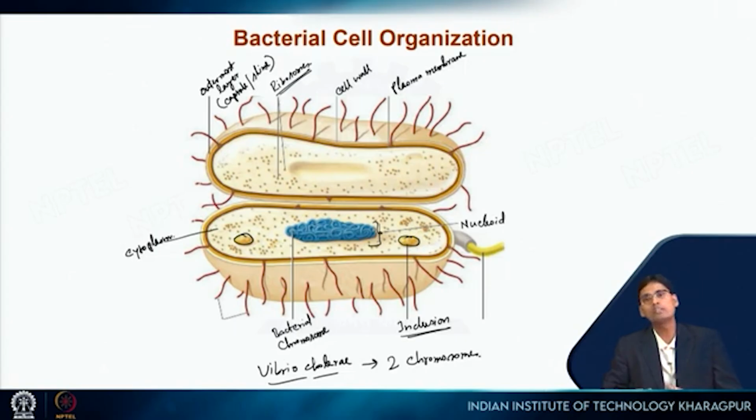But as you know, they don't have membrane-bound cell organelles like endoplasmic reticulum or mitochondria. Apart from that, on the surface, some bacteria have hair-like structures called pili and fimbriae.